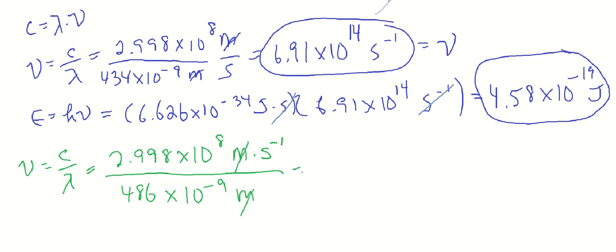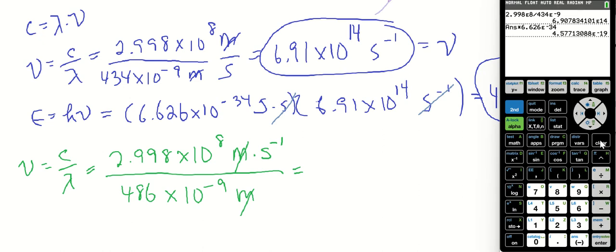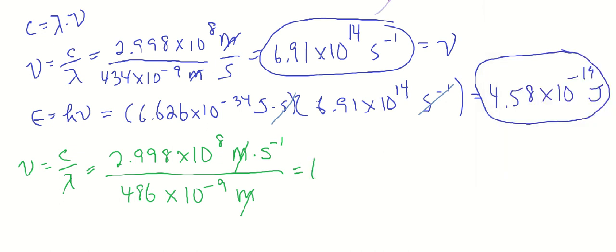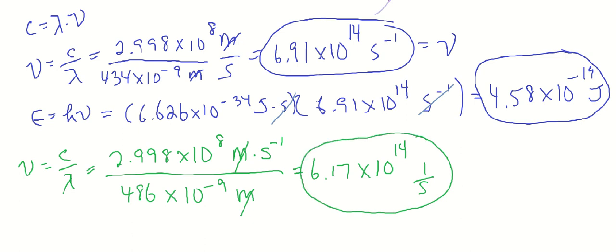Cancel, cancel. All right, here we go. 2.998 times 10 to the 8 divided by 486 times 10 to the negative 9. That's going to give us frequency. 3 sig figs is going to give us 6.17 times 10 to the 14. We'll go with 1 over seconds this time. Just mixing it up. They all mean the same thing.